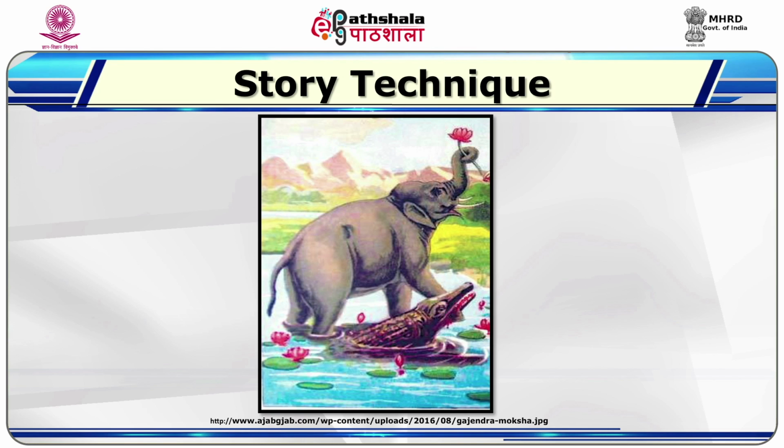Let us take one full sentence. एक एक कमळ तोडले. From this one sentence, we will pick up one word, that is kamal. Now from this one word, we will differentiate the alphabets.